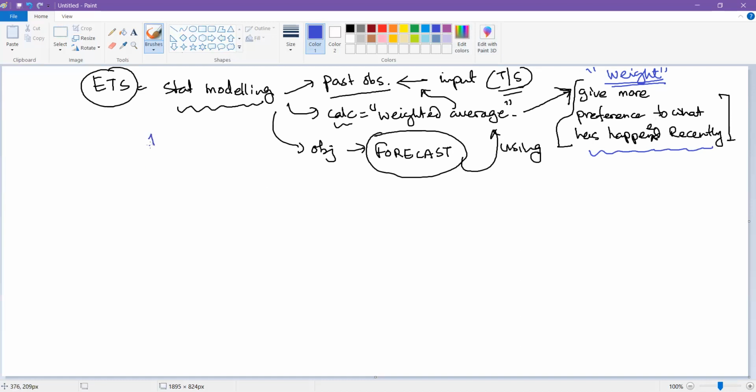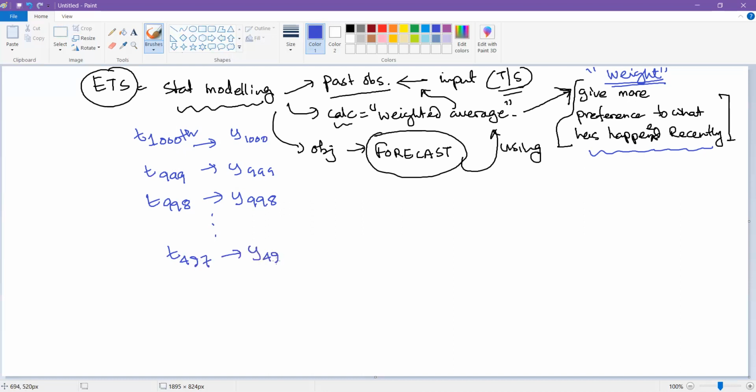For example, if I have 1000 data points, the value of y at t1000 is y1000, at t999 the value of y is y999, and at t998 the value of y is y998. In this way, I'll have some values like t497, where the value of y was y497.